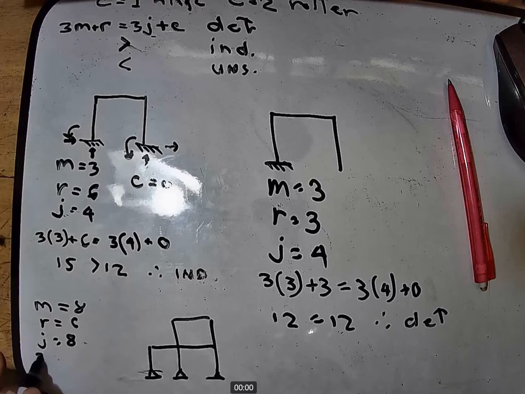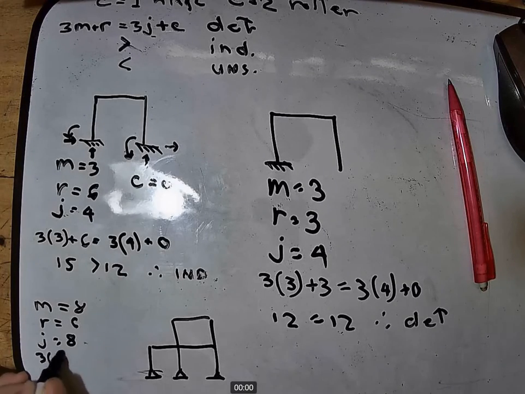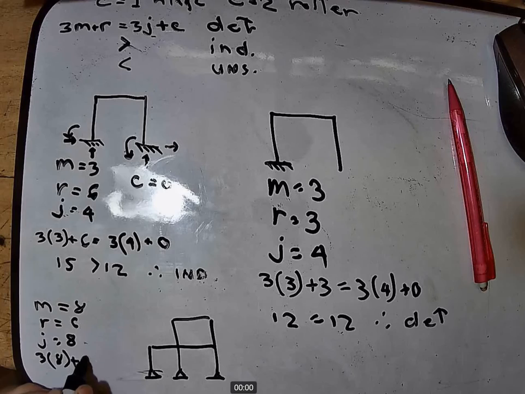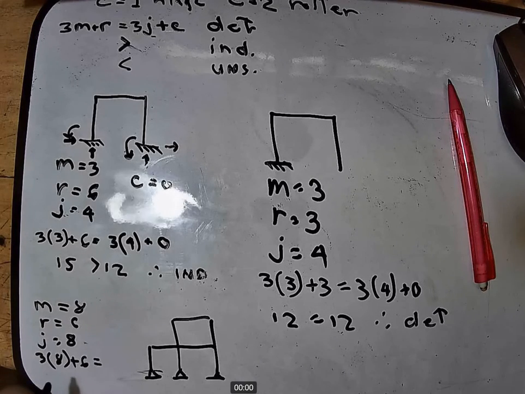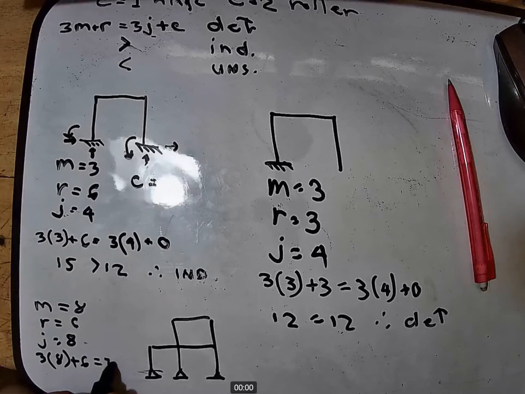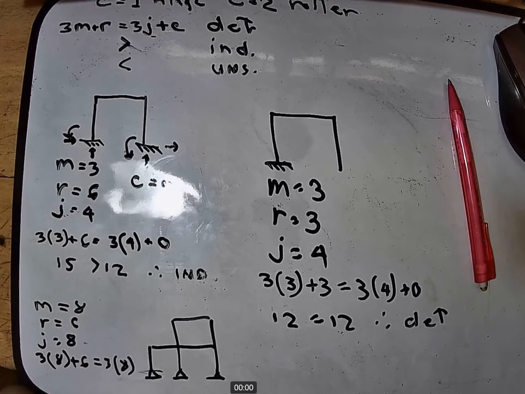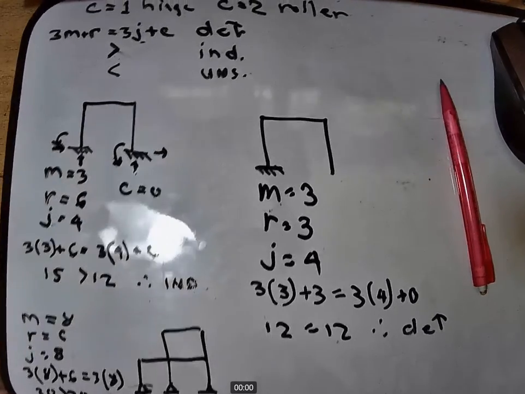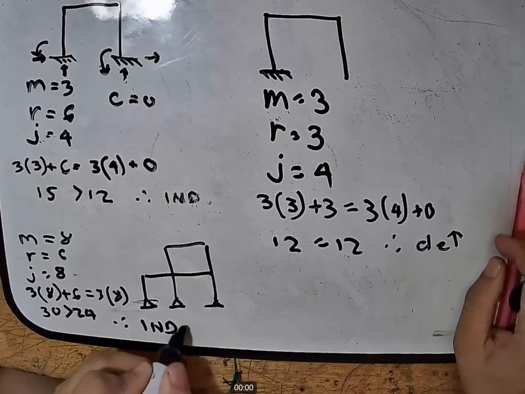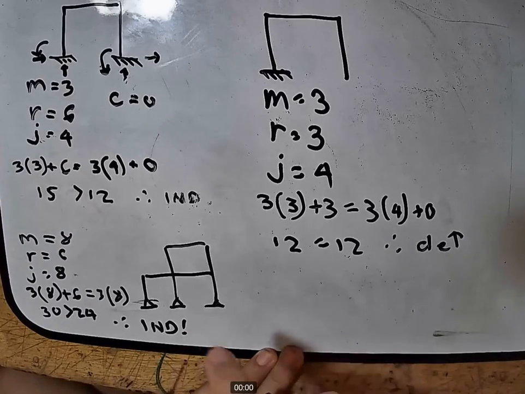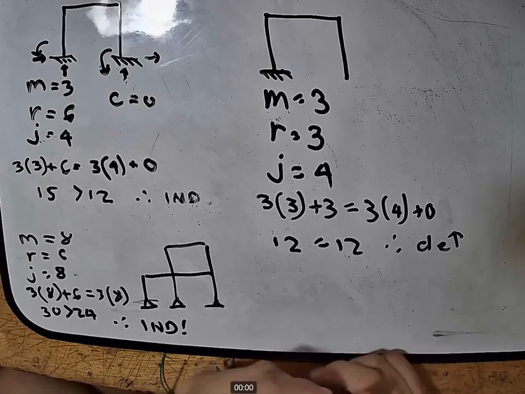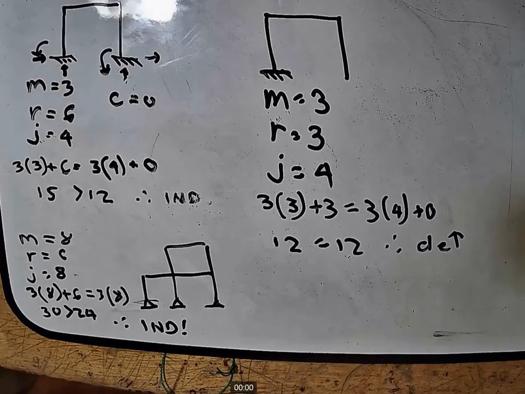So 3m plus r is equal to 3j plus 0. So 8 times 3, 24 plus 6, 30 is greater than 24. So obviously this is indeterminate. Okay? So most or all frame structures or rigid frames are obviously indeterminate.